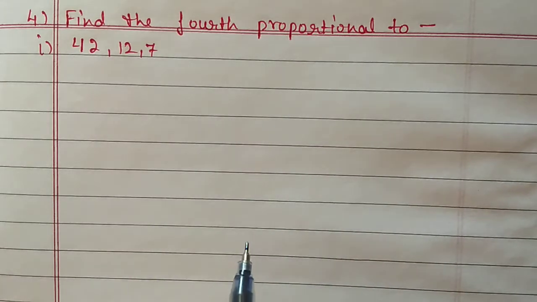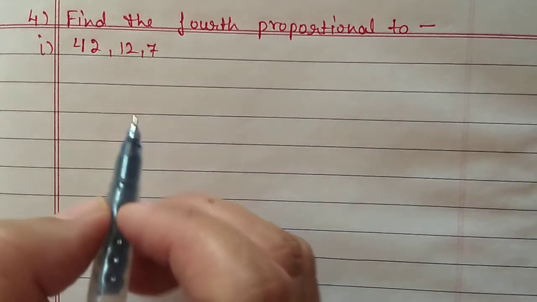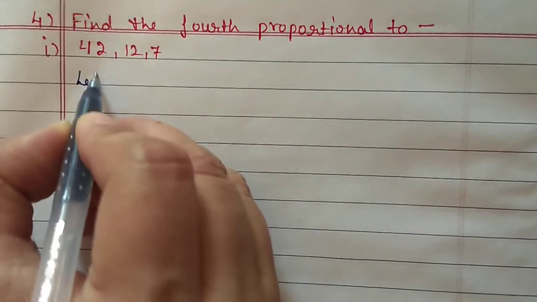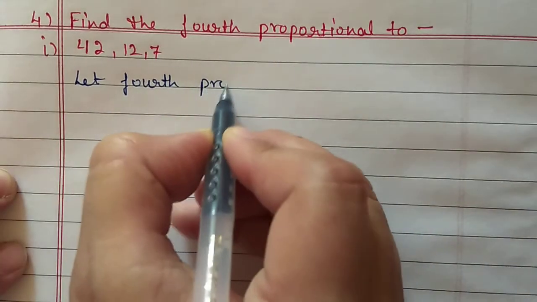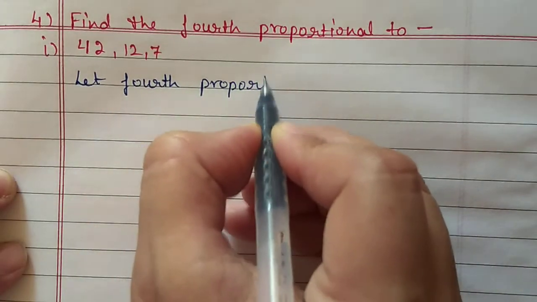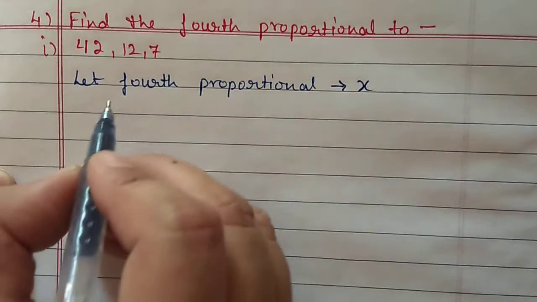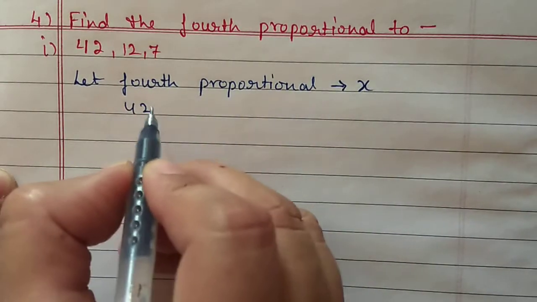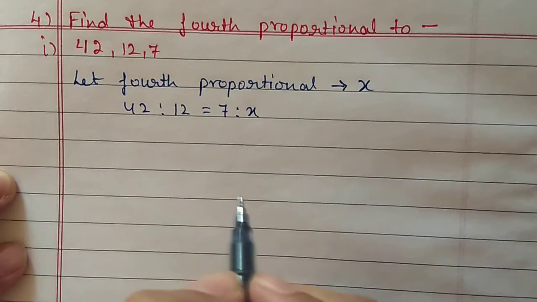Next, question number 4, find the fourth proportional. 3 numbers are given and then the fourth we have to find out. So let the fourth proportional be x here. So these 4 numbers: 42 ratio 12 is equal to 7 ratio x.